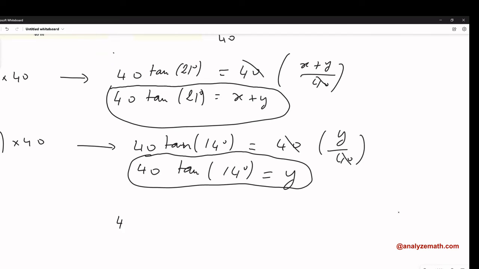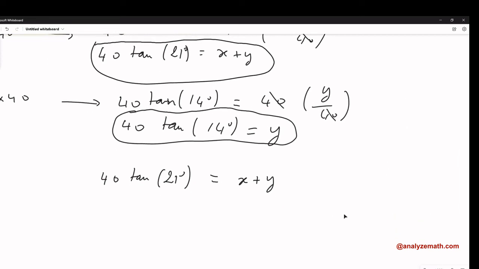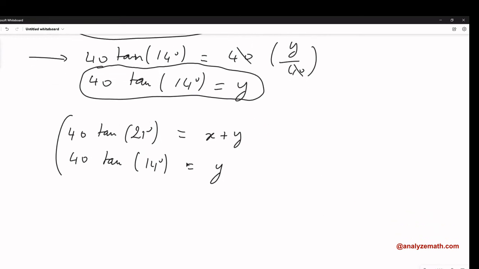On the left side, 40 tangent 21 degrees is equal to X plus Y. So we rewrite the equations first, just to make sure we understand what we are doing. Here are our two equations put together again. I'm going to do this minus this.